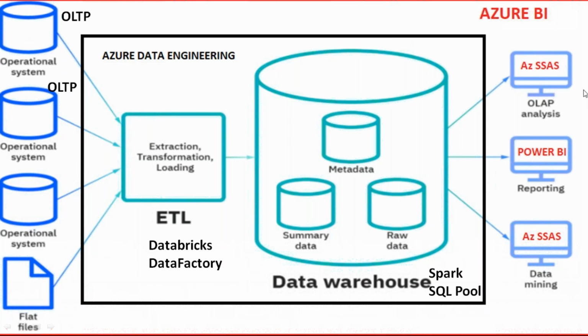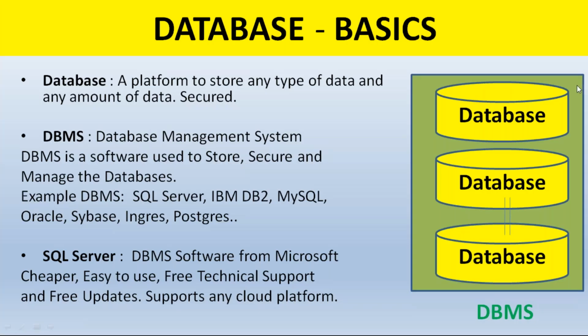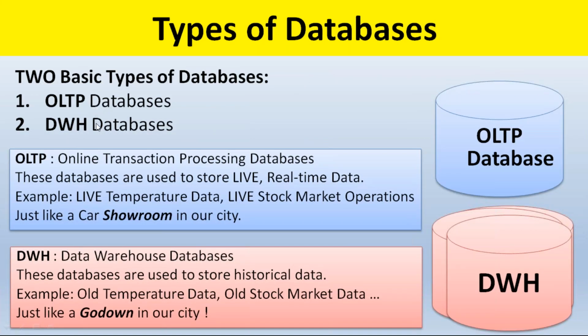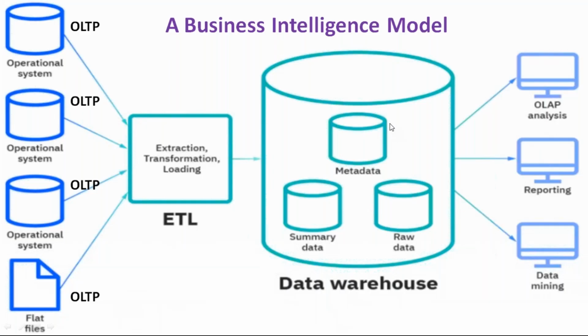Let's understand now how to step into the implementation part. Our agenda once again: we are understanding slowly what is database, a platform to store any type of data, any amount of data. Types of databases, OLTP, data warehouse. From there comes the concept of ETL, data warehouse, OLAP, online analytical processing databases, and reporting.